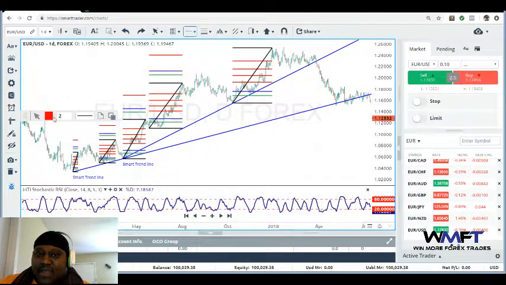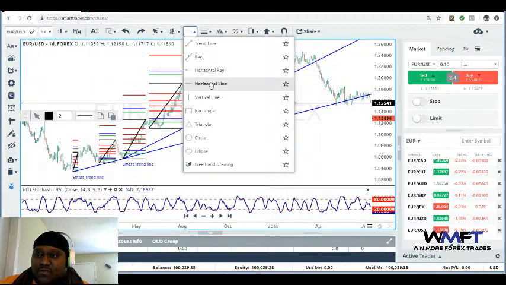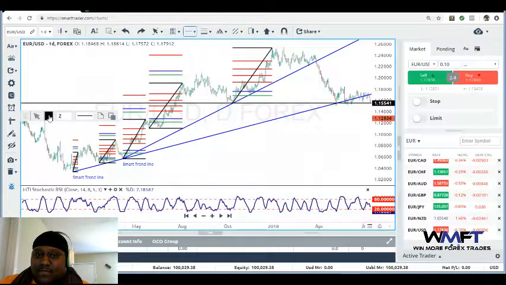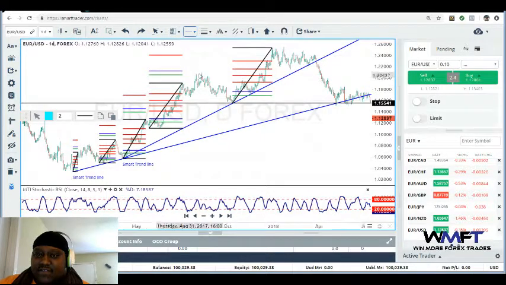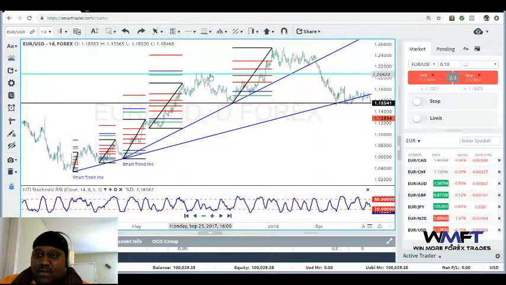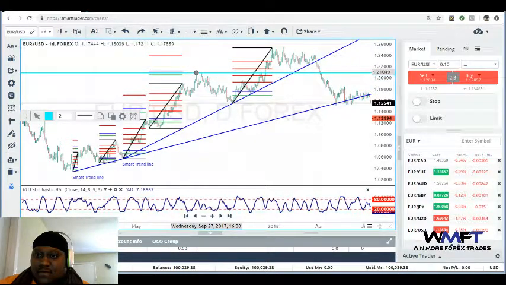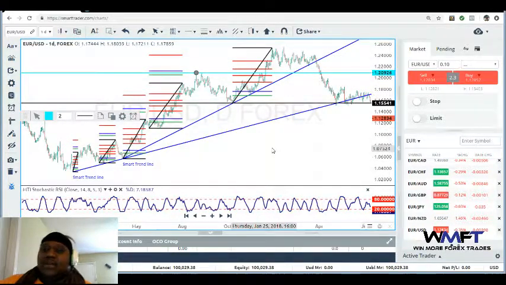So I like to mark my A's black. That's when the A was taken out, and then we're going to identify the left tip of the crown, which is the highest point of the previous AB swing.